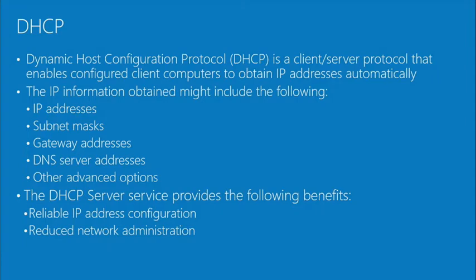It's a client-server protocol that enables configured client computers to obtain IP addresses automatically. Not just any device can get a DHCP address. It needs to be configured to receive DHCP. The information that it can receive is an IP address, a subnet mask, and if we remember from the TCP/IP section, the IP address uniquely identifies a system on the network.